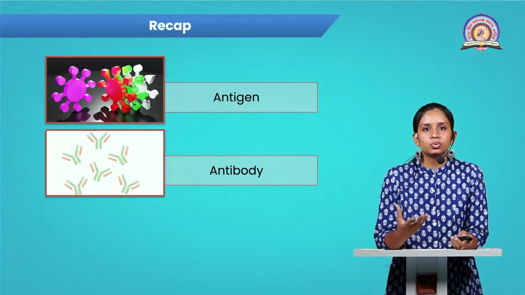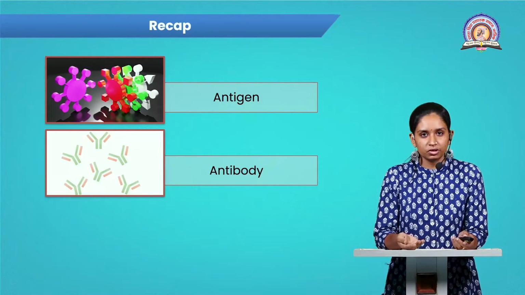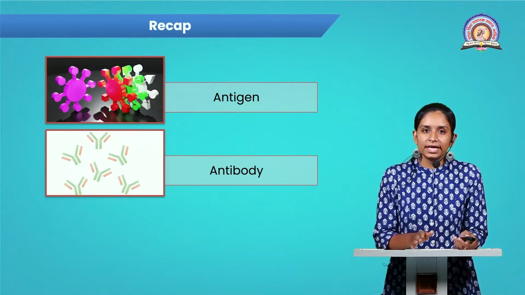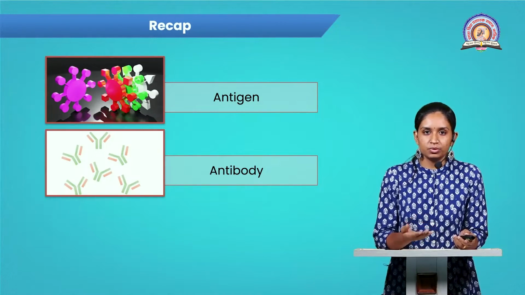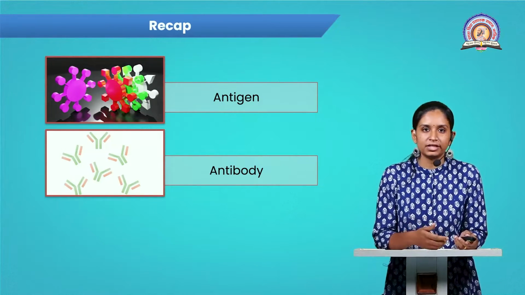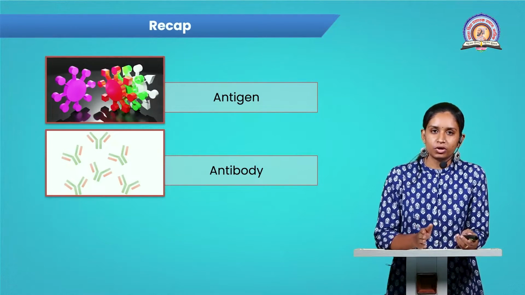So all the immunogens, that means all the molecules or particles which can activate the immune system, can bind to the final product of the immune response, that is antibodies. But not all the antigens can activate the immune system. For example, there are haptens which are so small in size that they are not capable of activating the immune response, but they can surely bind to the antibody molecules.